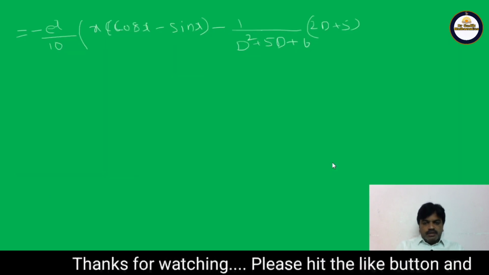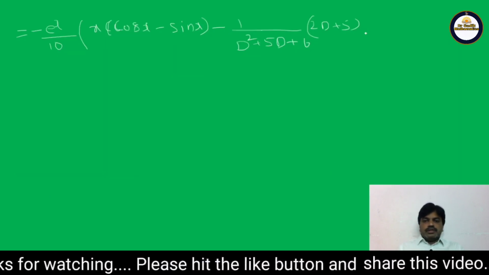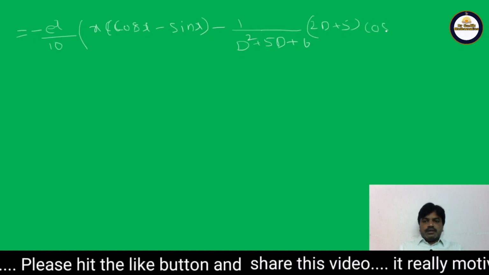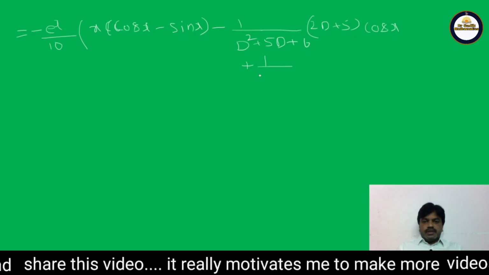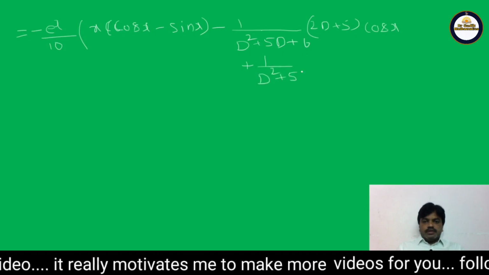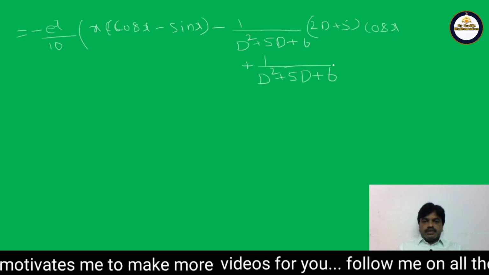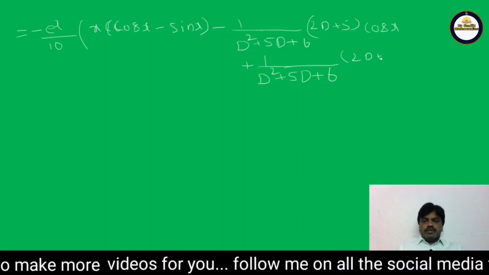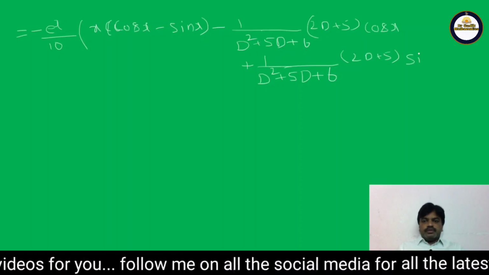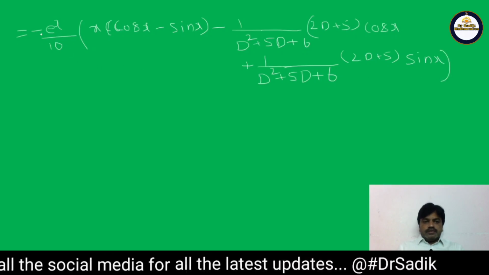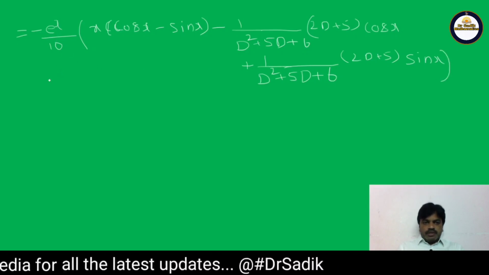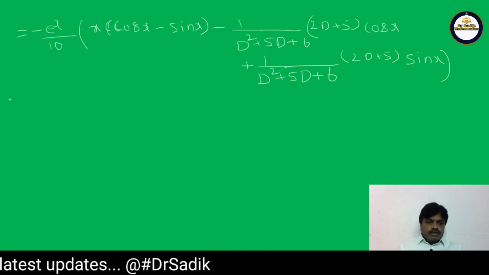Please remember, into cos x, minus into minus plus, we get here plus 1 by D square plus 5D plus 6 into 2D plus 5 into sin x, bracket close, because we have to multiply finally with minus e power x by 10. Please remember.